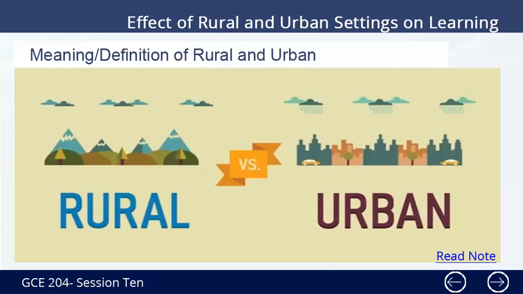There is disagreement on the qualitative attributes that distinguish a rural from an urban community or society. Rural is defined in terms of one or more empirical attributes. The problems encountered in defining the concept rural are similar to those in defining urban.